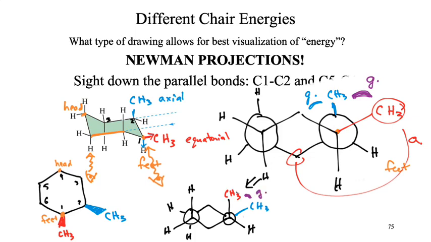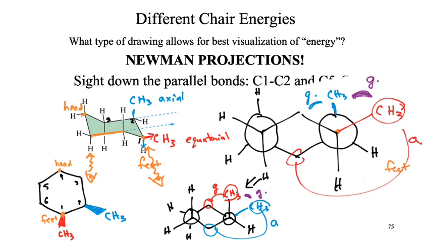There wasn't anything we were going to do about it. It's still gauche. Right? What changed? Well, the red group is now gauche to the ring. The blue group is now anti to the ring.